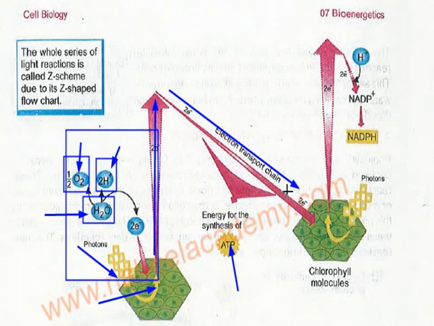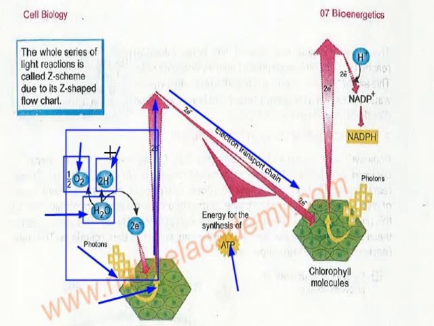Because they are excited, and whenever the electrons are excited, they move from one place to other. They start jumping. Now what happens? Third step, light also breaks water molecules and oxygen is released. The hydrogen atoms give electrons to chlorophyll and become ions. This is what I explained here.